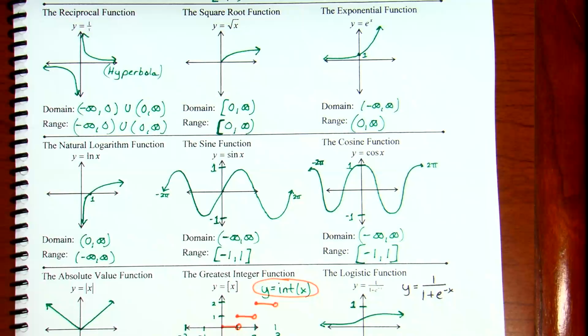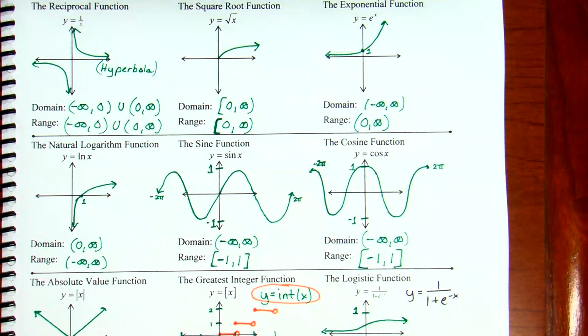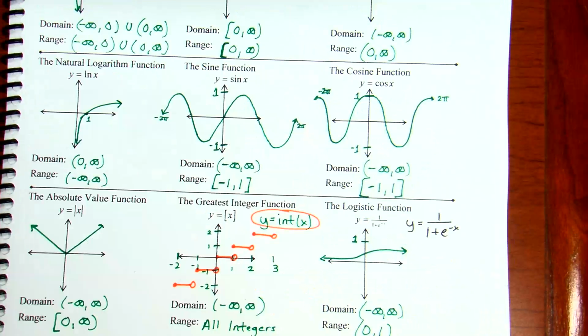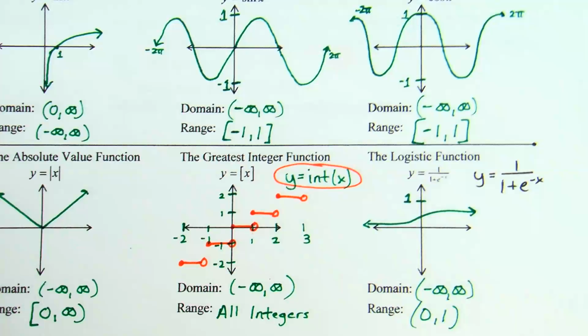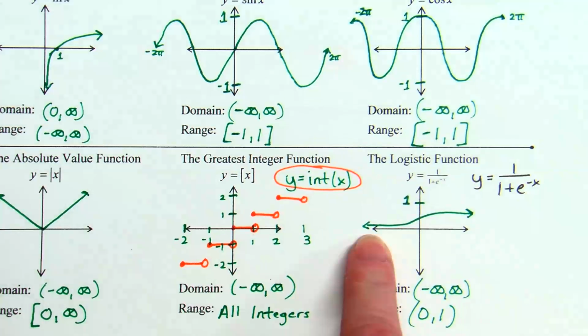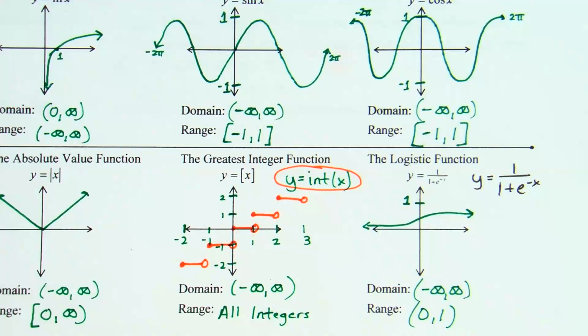Okay. Give me one, Jacob. Logistic function. Talked about that one at the end of class yesterday, didn't we? Logistic function never goes below the x-axis. And there's lots of graphs that never go below the x-axis, but it runs alongside the x-axis. So logistic is one of them.